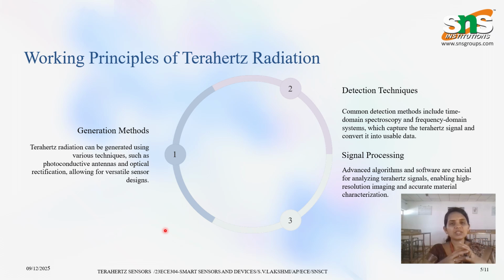These terahertz waves will interact with the target material. The material absorbs or reflects the terahertz waves based on its molecular structure. Then comes detection. The terahertz detector captures the modified signal, and then signal processing extracts the time domain or frequency domain information for the analysis. So these are the working principles of terahertz radiation.